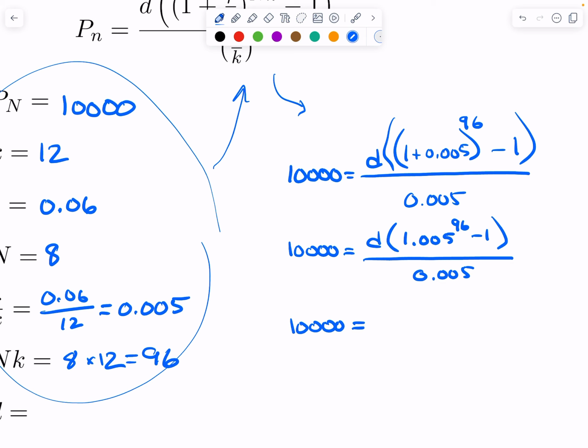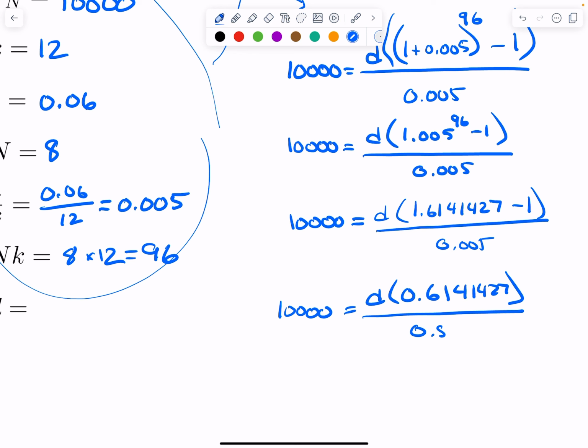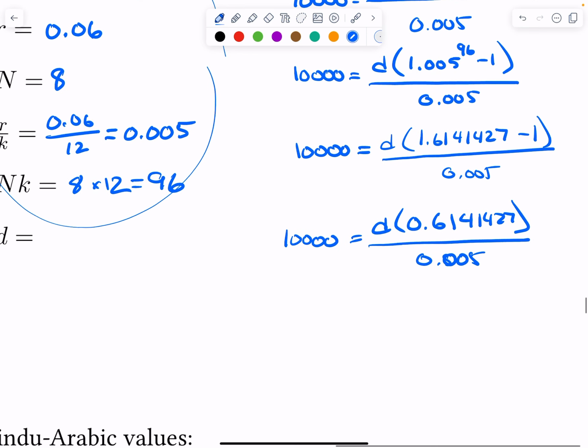Okay, that gets me 1.61141427. I know some of you are already done with this, but I need to do it very slowly and carefully.